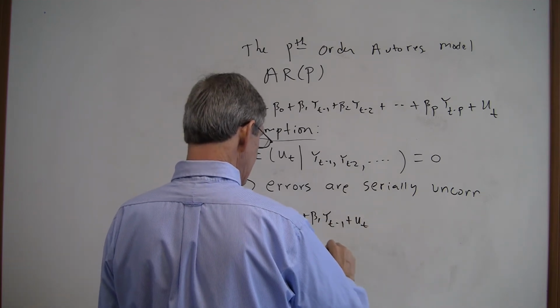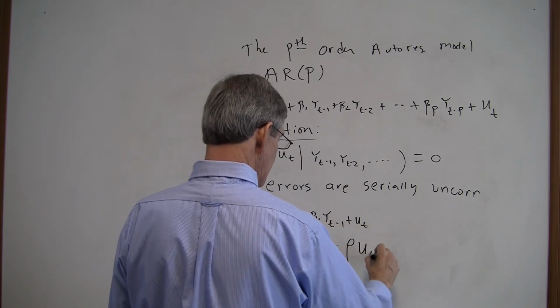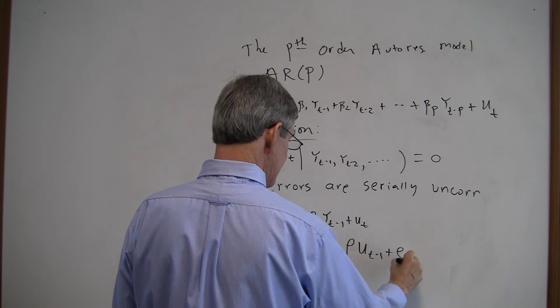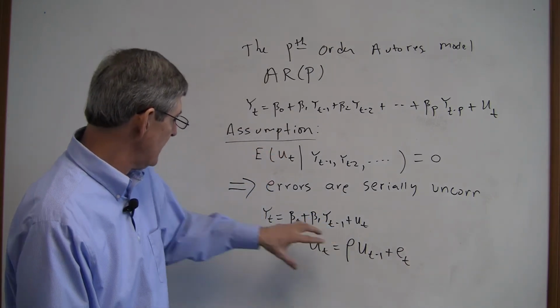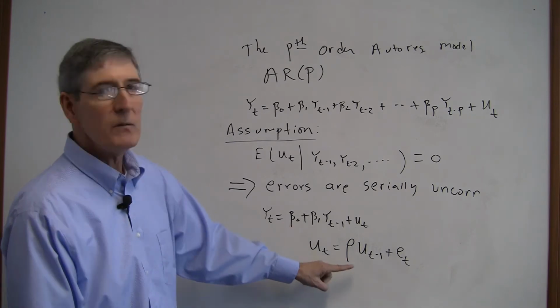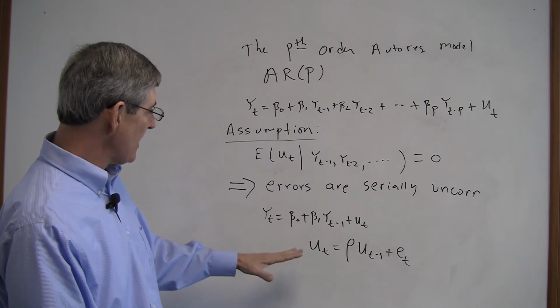I'm just using an AR1 to illustrate this. And suppose ut has a similar structure, rho ut minus 1 plus, say, et. So ut is also serially correlated, so is yt. Often when ut is serially correlated like this, that's an indication your model's misspecified.